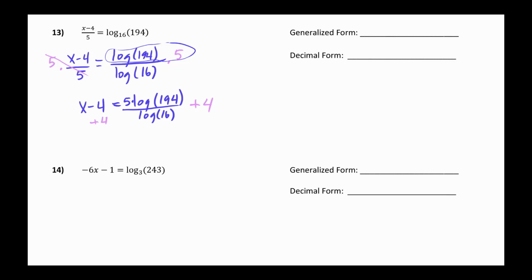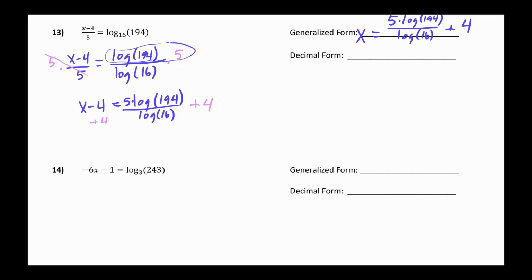Now the difference here between adding and subtracting and multiplying and dividing, when I go ahead and do that, I cannot just put this up top. That would divide the 4 by the logarithm, which it is not being divided by. So I have 5 log of 194 divided by log of 16, and at the end I have plus 4. That is our generalized form. So I'll go ahead and just place that right up there.